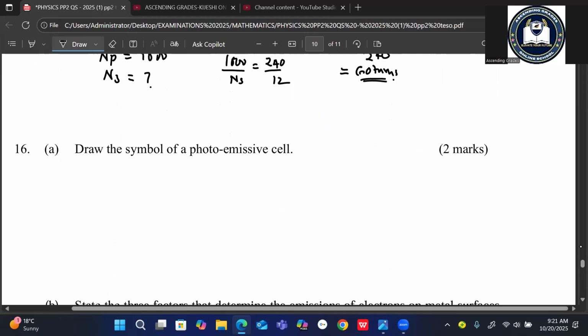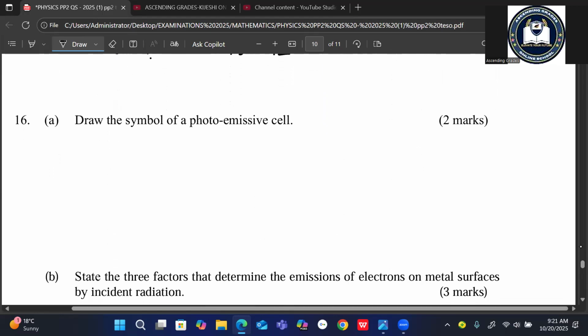We have our last question, question 16. Draw the symbol of a photoemissive cell. So this is how it looks like. This is the cathode.